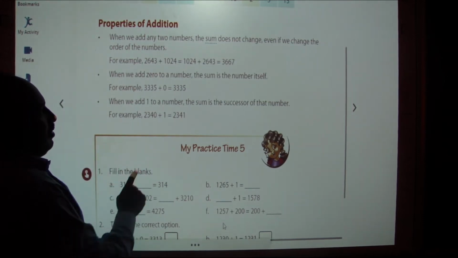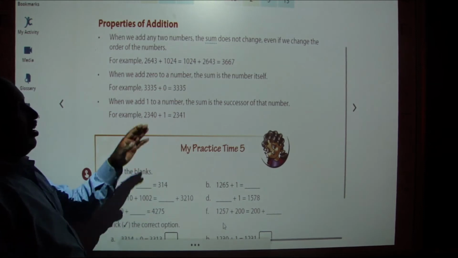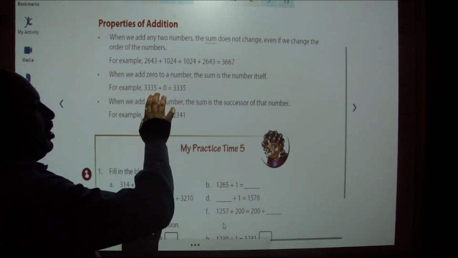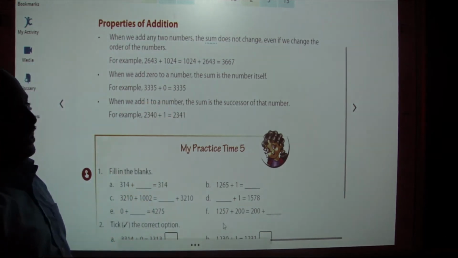2643, the first number, plus 1024, the second number, is equal to 1024 plus 2643.